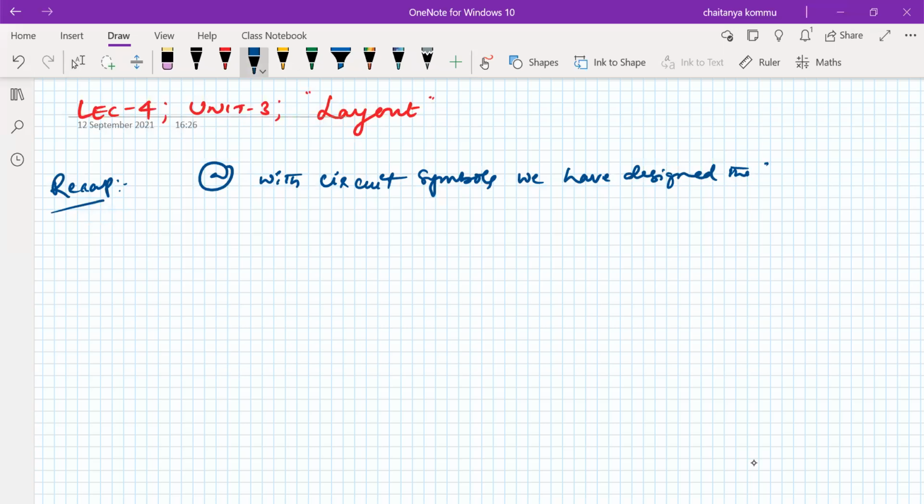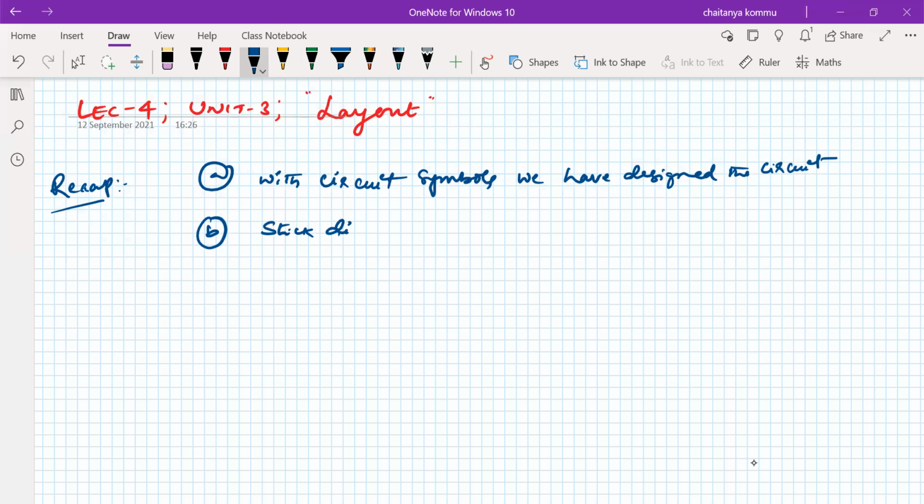The second one is, in order to translate this designed circuit into an actual chip or actual silicon semiconductor, we have used the concept called stick diagrams.